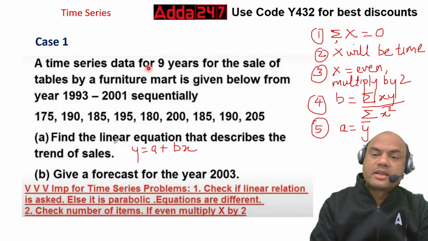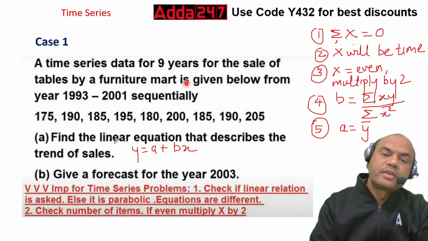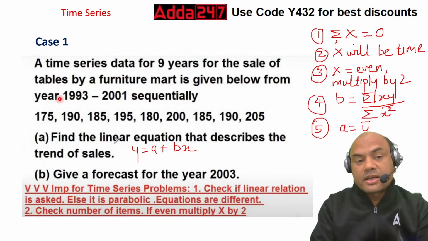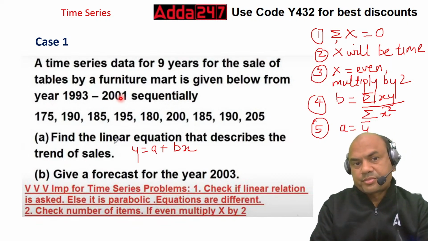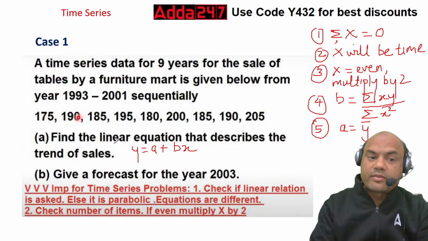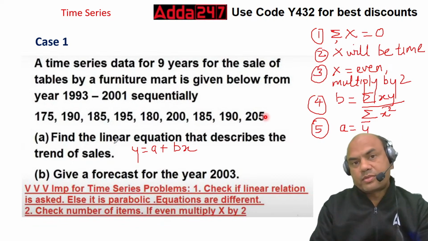A time series data for 9 years for the sale of tables by Furniture Mart is given below, from 93 to 2001. These are the sales: 175, 190, 185, 195, 180, 200, 185, 190 and 205.